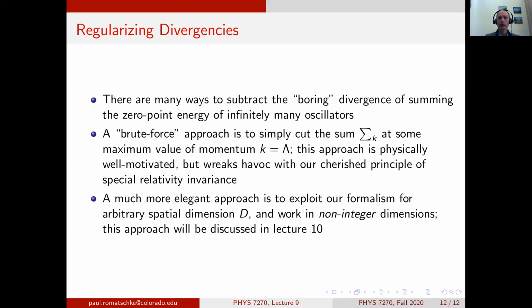The main point is that this approach allows us to keep, in particular, Lorentz invariance of the system, but it has interesting consequences that are less physically transparent than the brute force approach of cutting off the sum and putting a finite cutoff lambda there. And we'll talk about what that means in the next lecture.